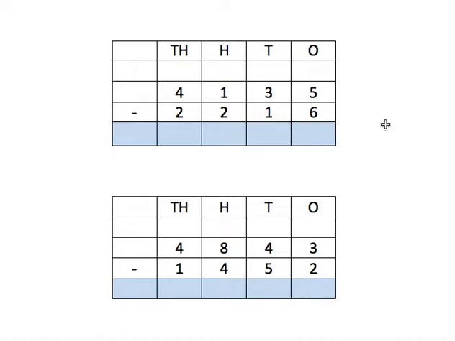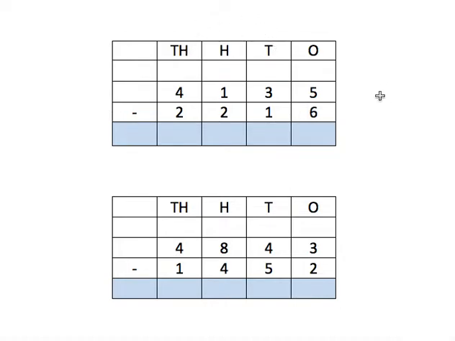Now as you can see, there are two sums given, one on the top and one below. You know that we will always start subtracting from the right hand side. First the ones place, then tens place, then hundreds, and then thousands.